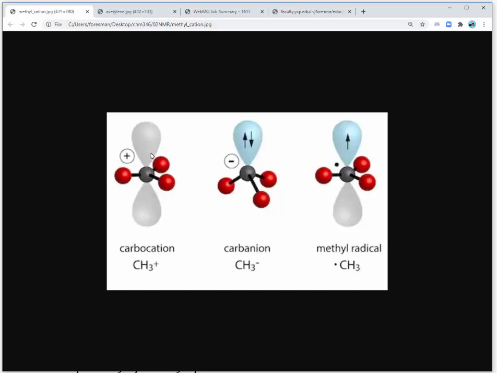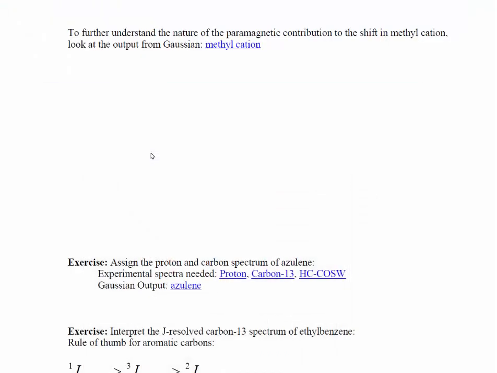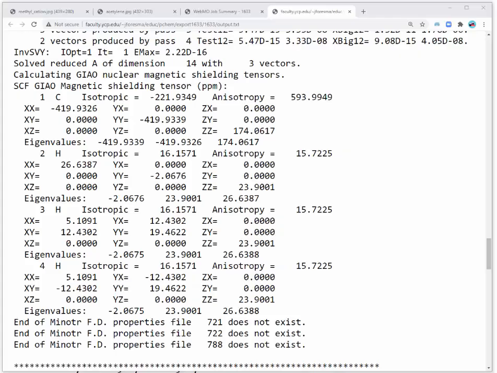Coming back now to the picture that we had of the output file. Hopefully you can see why, it makes sense at least, why the x direction and the y direction, the in-plane directions, are hugely negative and are the strongest contributors to the shift. And then the z direction has a slight resistance or positive quantity.